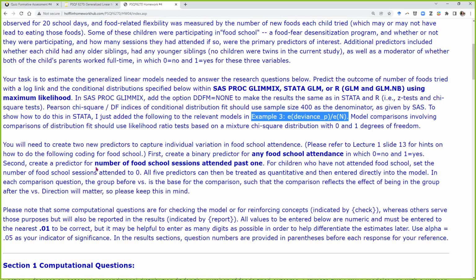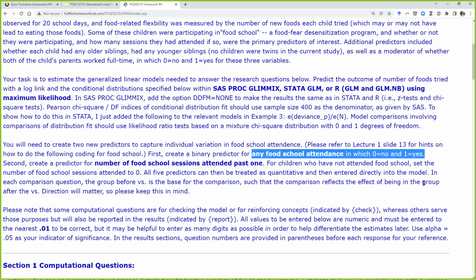So the slope basically should be coded such that it indexes anything past 1, so 1 session would still be coded 0. So there's basically one predictor that differentiates attendance at food school of any kind from 1 session, so no versus 1. And then 1 from 1 on is a continuous slope for the number of sessions.